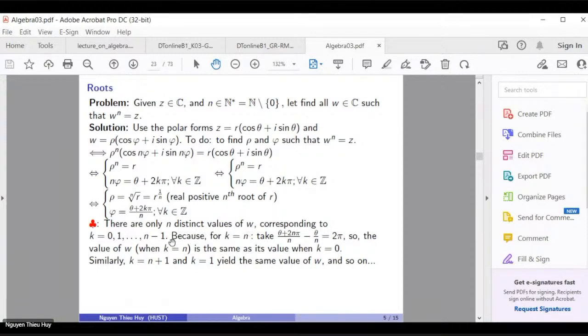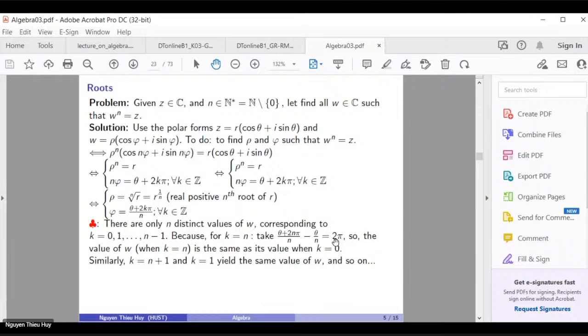If you run one more step, so k equals n, and then we look back at the case when k equals 0, we take the difference of the angle in these two situations. For k equals n, the angle is theta plus 2n pi over n, and when k equals 0, the angle is theta over n.